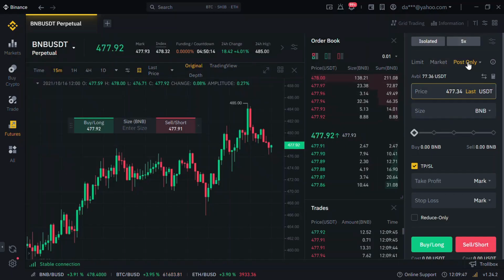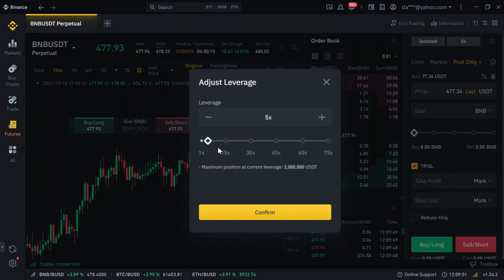So yeah, and when it comes to leverage too, the thing about leverage is that leverage increases the size of your position. Okay, leverage is just like increasing the odds or your chances. So for instance, let's say I'm opening a $100 position on BNB USDT, and I'm using a 5x leverage.